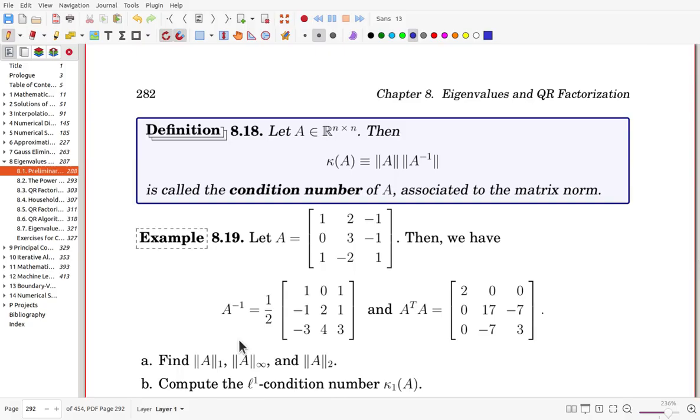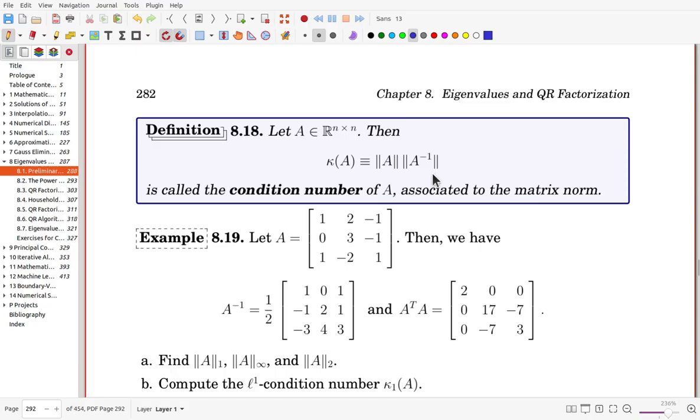Okay. A is a square matrix in n by n dimensional space. Then we can define the condition number of the matrix, and we use the kappa notation. Kappa of A is, by definition, the norm of A times the norm of A inverse.